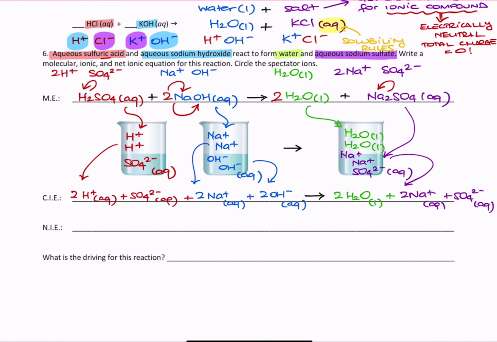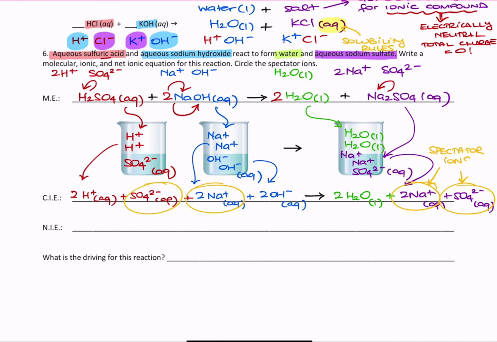Let's identify the spectator ions so we can write the net ionic equation. I have 2 sodium ions on each side. I have 1 sulfate ion on each side. So these do not participate in the equation and are called spectator ions.